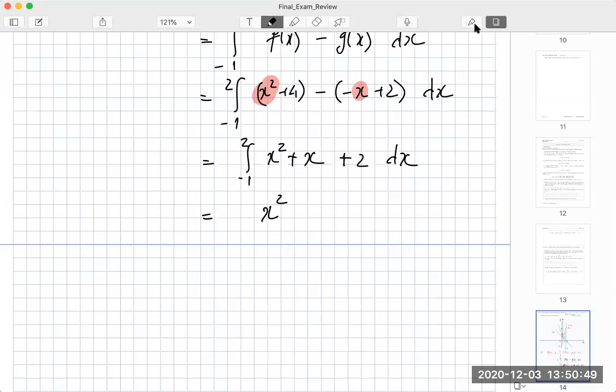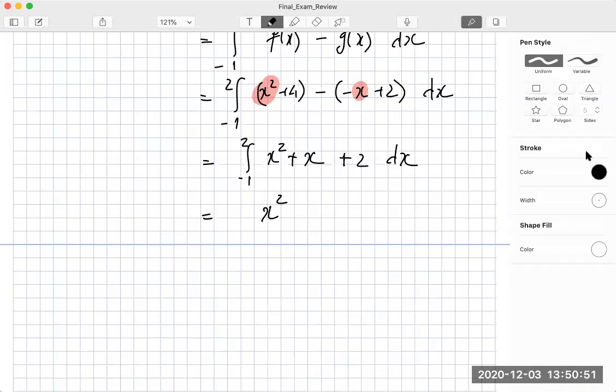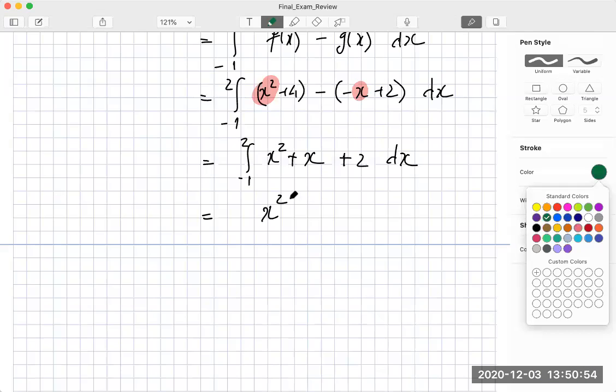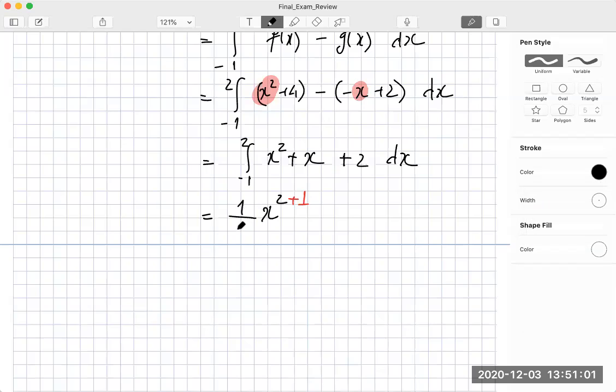For x squared, the antiderivative is obtained by adding 1 to the power. Plus x squared divided by 2, the same trick, and 2x, from the lower limit -1 to the upper limit 2.